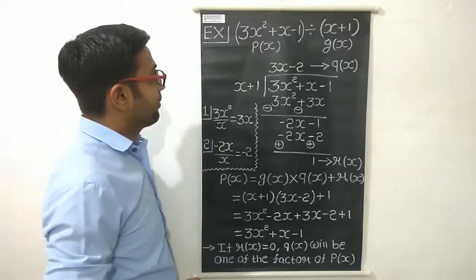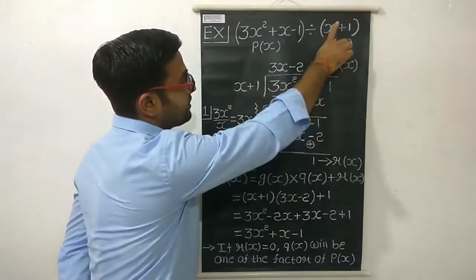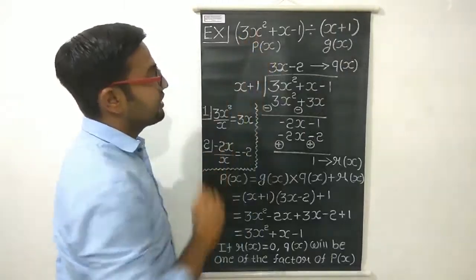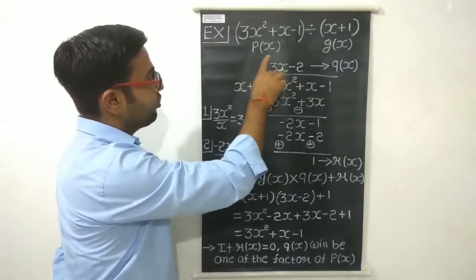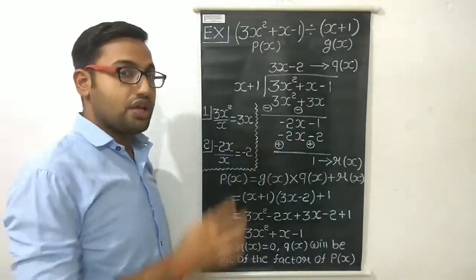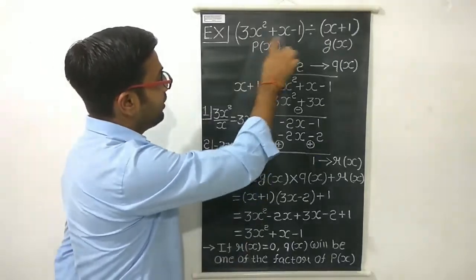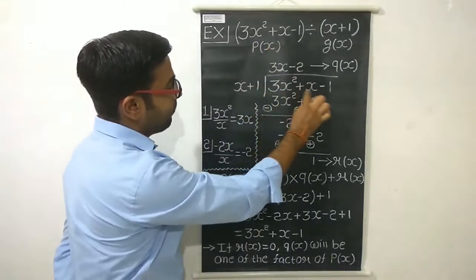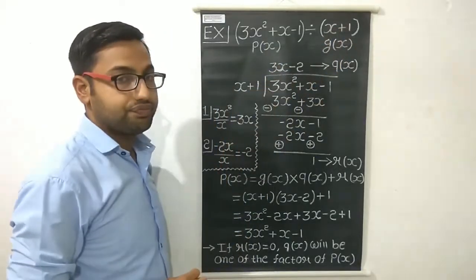Here you can notice that this polynomial has degree 1 and this polynomial has degree 2. So the degree of p of x is greater than the degree of polynomial g of x, so division is possible. Now we write 3x square plus x minus 1 and x plus 1 here.